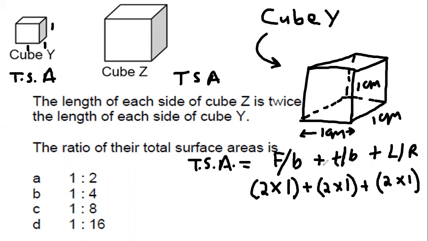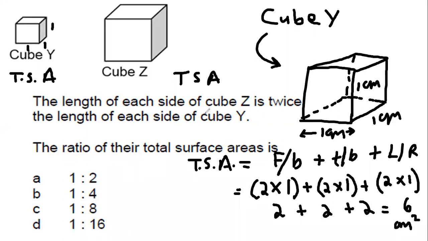If this was a cuboid, it would look a bit different. All of them couldn't be 1, you realize that? Because in a cuboid, it's elongated. So the total surface area for cube Y would have been 2 plus 2 plus 2, which is 6. So it's 6 centimeters square.